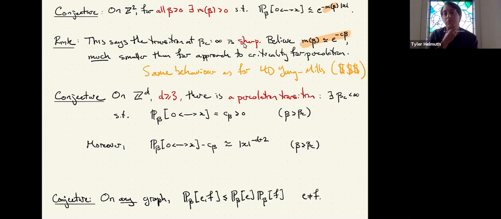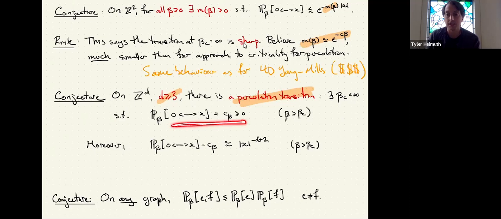Okay, so that says that we've proven there's no transition in 2D, but we're very far from the truth. What happens in higher dimensions? Well, what we think happens is that in 3 and more dimensions, there is a transition. So there's some finite value of beta so that the connection probability is bounded below by a positive constant that depends on beta.